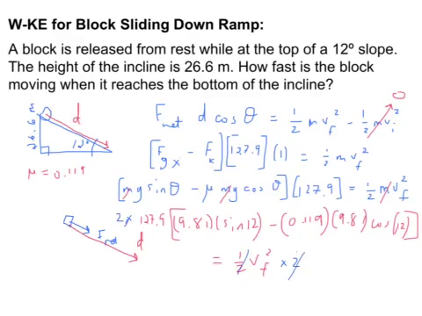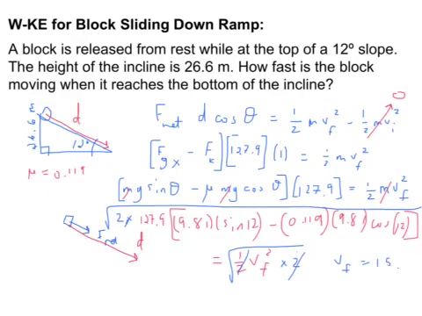Then you'll want to take the square root of both sides to get vf from vf squared. Square root of that whole thing. And when you do all of this, you get vf equal to 15.156 or 15.2 with sig figs.